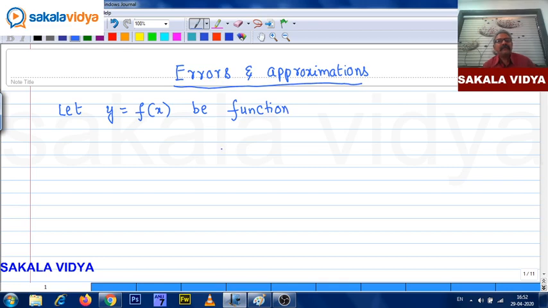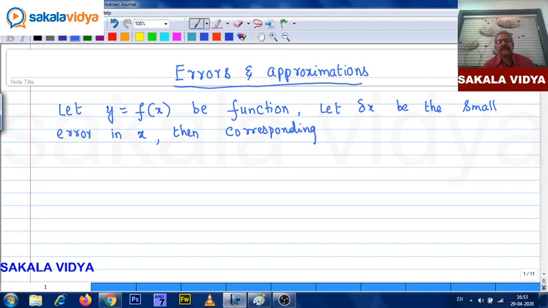When y is equal to f of x be a function, then x is called the independent variable, y is the dependent variable, and let delta x be the small error or change in x, then the corresponding error in y be delta y.